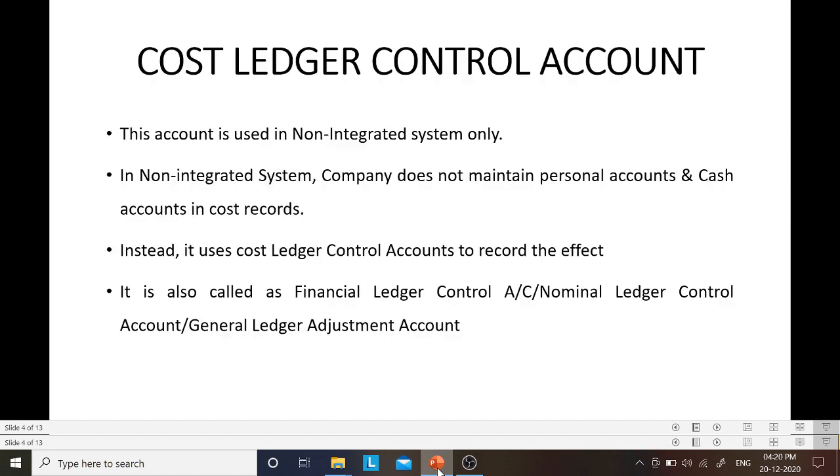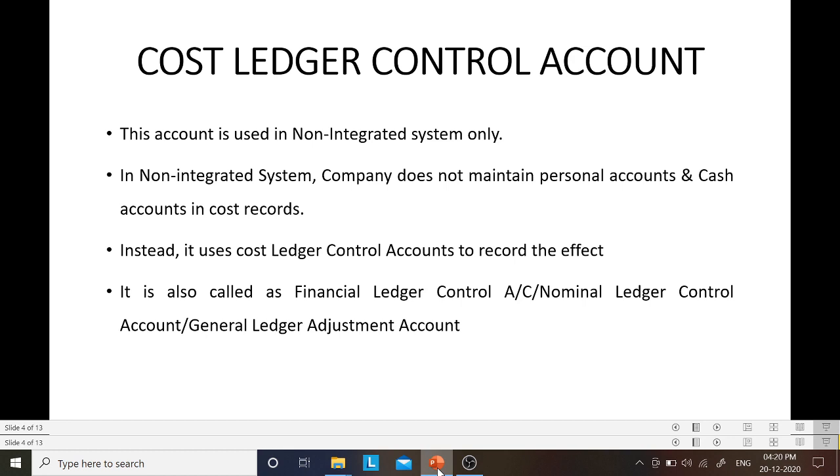Now, what is this ledger control account? So, under non-integrated system, as I am not maintaining any of the financial accounts, I will not be preparing certain accounts. Like I will not prepare any personal account, I will not prepare cash account, I will not prepare bank account. So, giving the second effect of a particular transaction might be difficult.